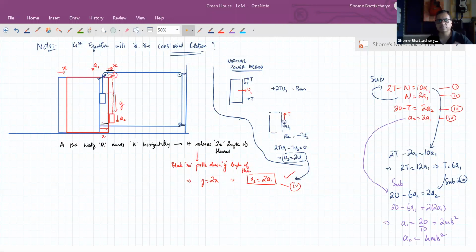Now we'll come back to the acceleration of the block. Remember we have to calculate the acceleration of the block in the ground frame. a2 is in the relative frame of the wedge. So we still have to calculate the acceleration of the block in the ground frame. So we'll come to that. But just note down the constraint relation also properly once.